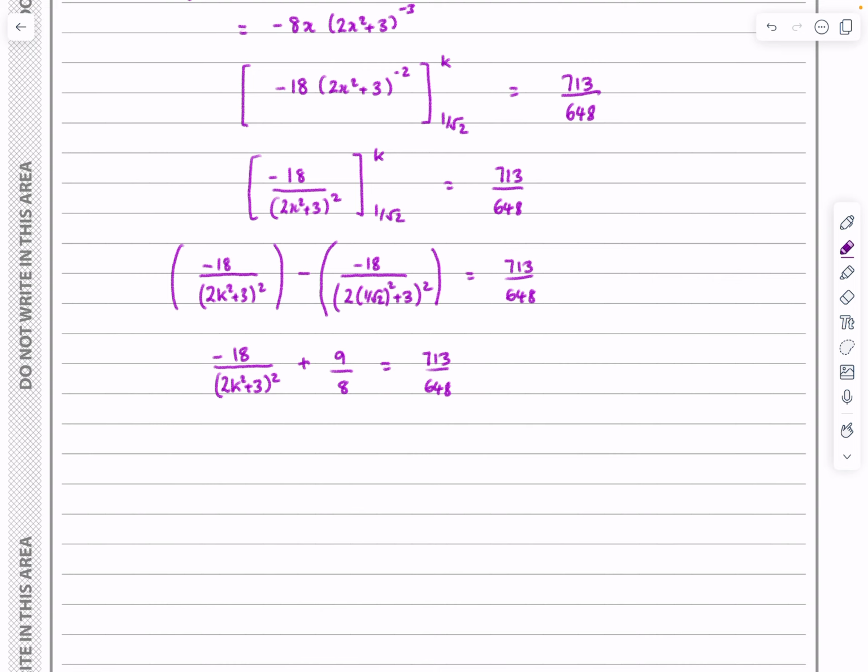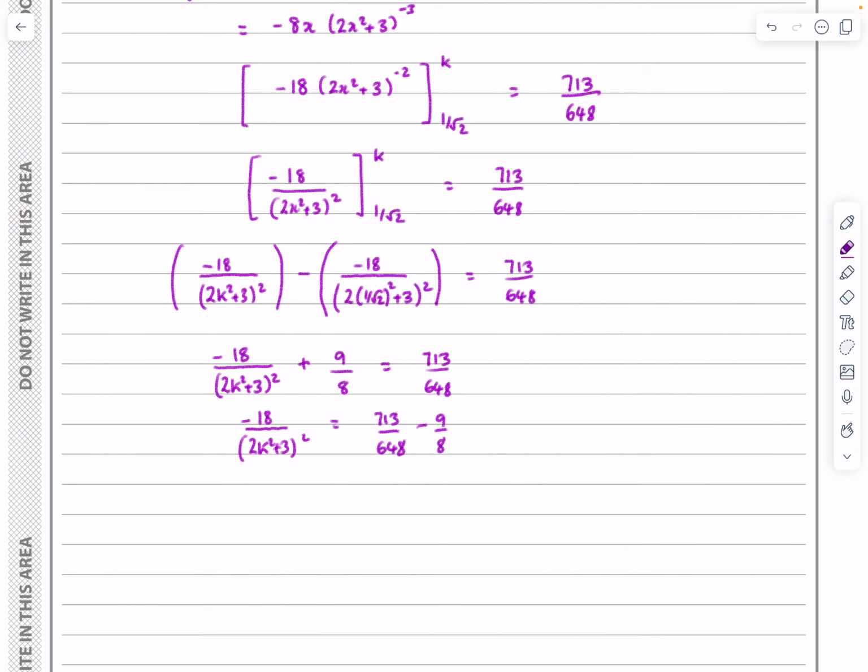If you then rearrange all this, so take the 9 over 8 over, minus 18 over (2k squared plus 3) squared is equal to 713 over 648 minus the 9 over 8. I'm going to race this through now.